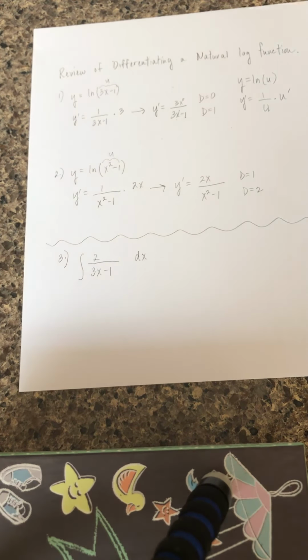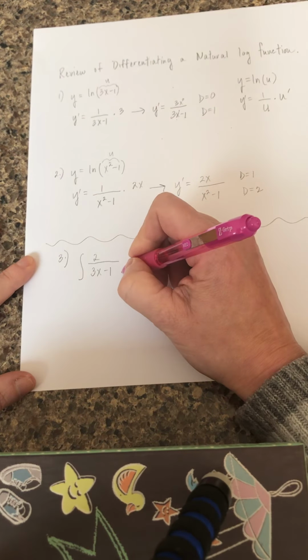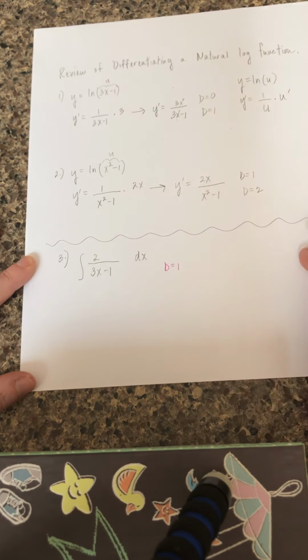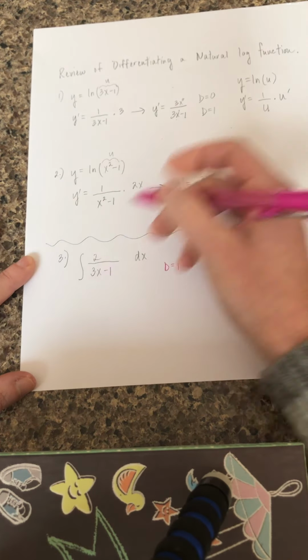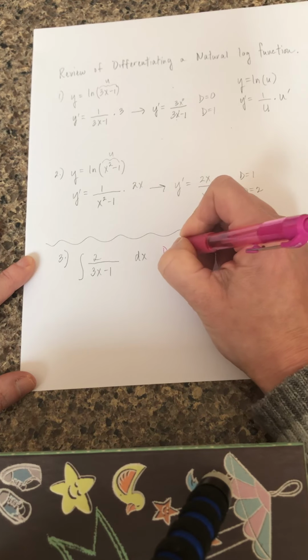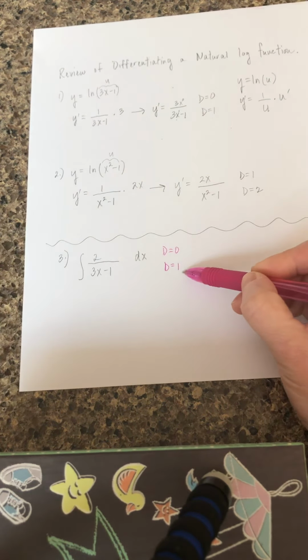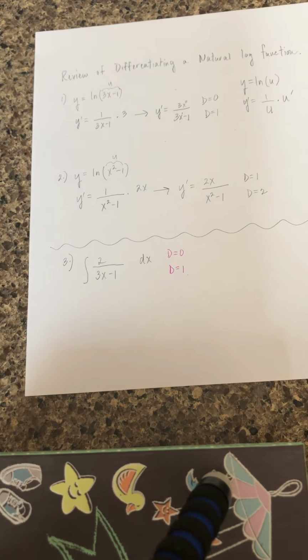And I want you to notice the degrees. The degree of our denominator is 1, and the degree of our numerator is 0. So notice that the degree of the denominator is 1 larger than that of the numerator. So it's the same relationship that we spoke over here, right?